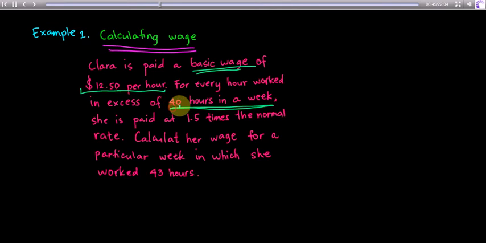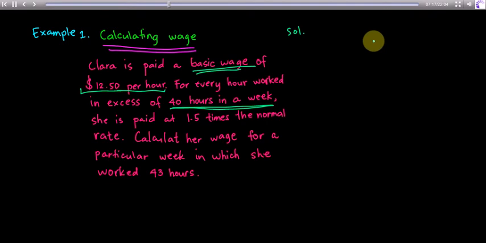But in excess of it, she is paid 1.5 times the normal rate. So calculate her wage for a particular week in which she worked 43 hours. Now let's have the solution here.